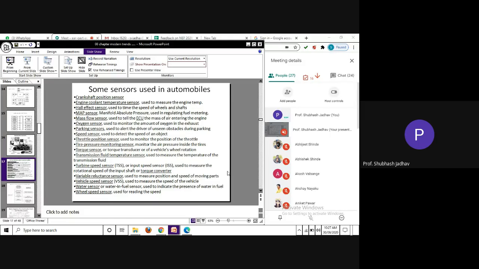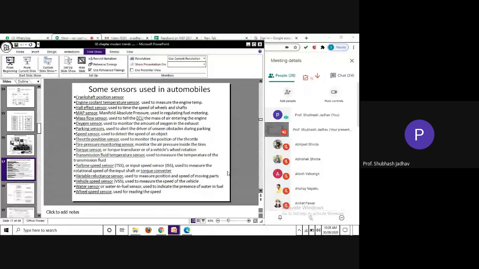It is not possible, in a chapter of 3-4 lectures' weightage, to discuss all the sensors, what their functions are, how they are working, and so on.